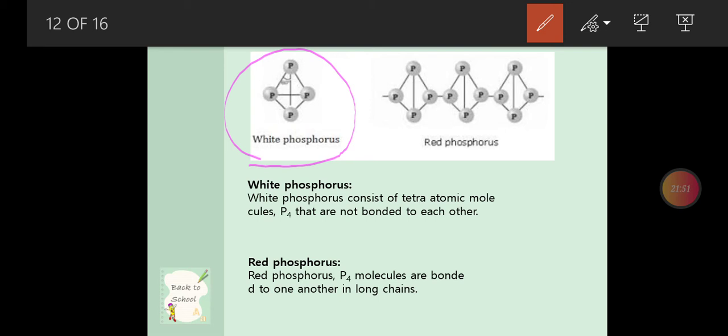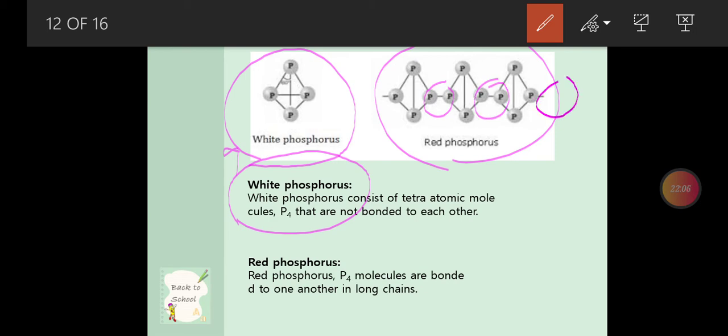The P4 in white phosphorus is not a chain structure, whereas in red phosphorus you can see the molecules are bonded with one another. The P4 molecules are bonded with one another, and as a result the chain continues. They form a long chain structure, and due to this long chain arrangement, this phosphorus appears red, and as a result it is called red phosphorus.